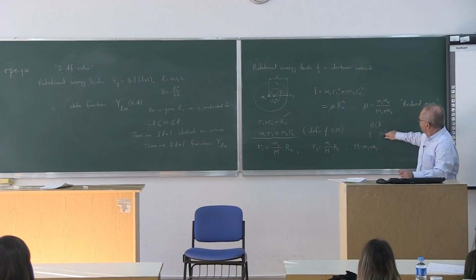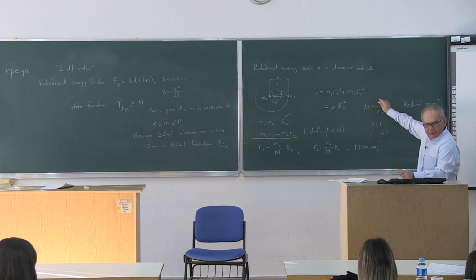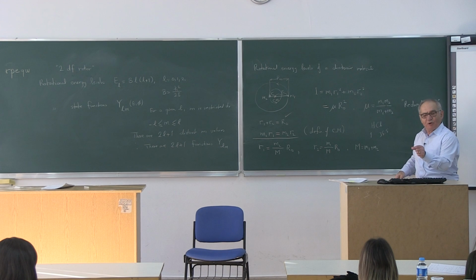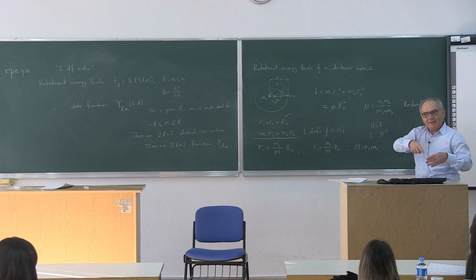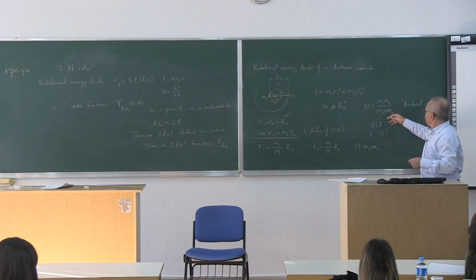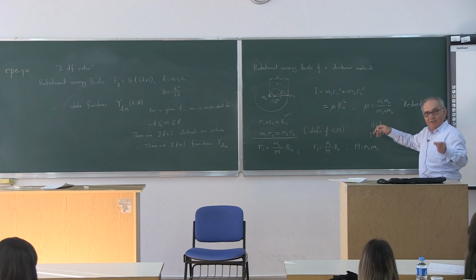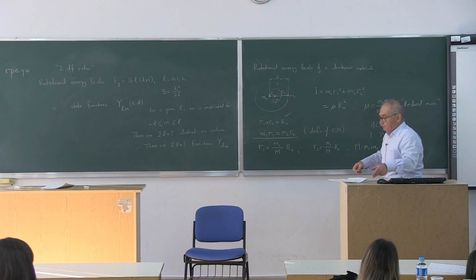If you substitute these numbers to this expression, the value for mu is going to be smaller than 1. For any two numbers, M1 and M2, the value you calculate from this expression is going to be smaller than this answer. So, in that sense, it's called reduced, because we know the meaning of reduced. Because it's a mass, but this mass is smaller than either mass.